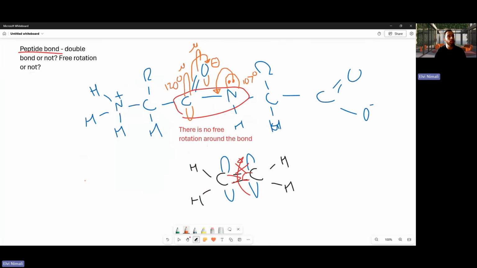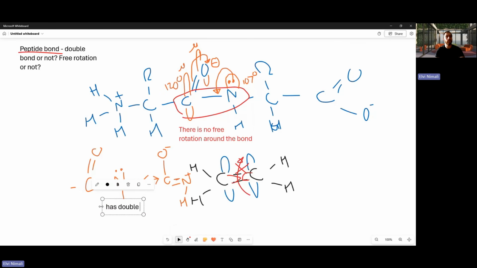So what the double bond actually looks like in practice is a resonance structure where you have this alternating with this, and because of this, we can say that this peptide bond has double bond character, meaning no free rotation. Okay, so this bond is stronger than a single bond. It's something like a 1.5 bond.